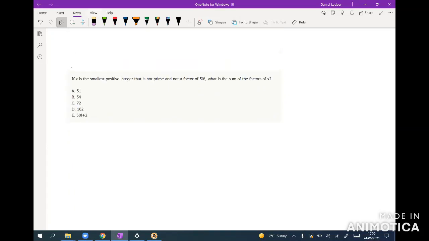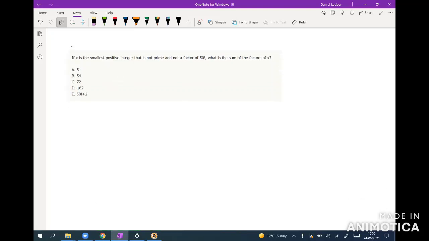If x is the smallest positive integer that is not prime and not a factor of 50 factorial, what is the sum of the factors of x? Okay, wow. So nasty looking question. What's the smallest positive integer that's not prime and not a factor of 50 factorial? Okay, so 50 factorial definitely has all the numbers from 1 to 50.